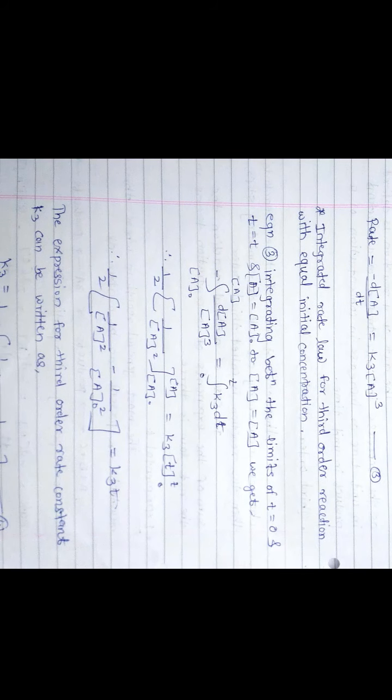integration A0 to A of dA upon A cubed is equal to integration 0 to t of K3 dt. Therefore, applying the integration rules, 1 upon 2 times 1 upon A squared, limit A0 to A, is equal to K3 times t from 0 to t.